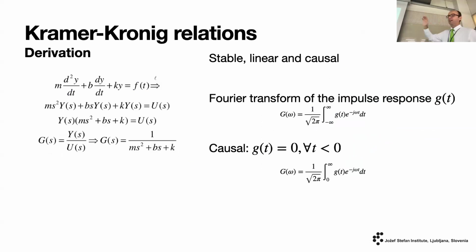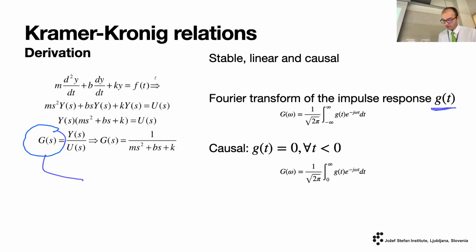So let's explain why this is working. This is very, very, very simple. I'm going to talk always as if we have a transfer function G(s), which means we have some sort of impedance. And I'm going to talk about an impulse response.